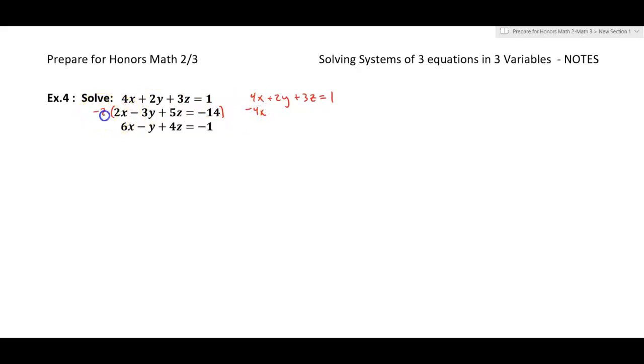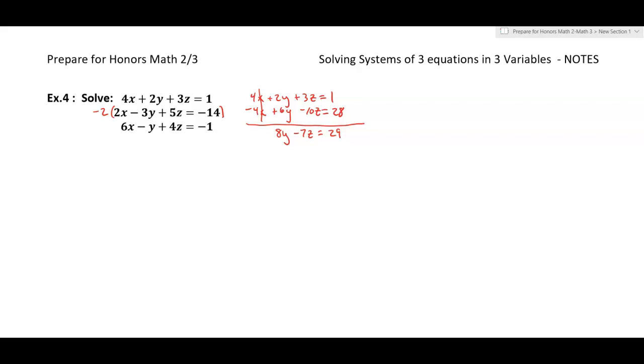So what do I have to multiply that by? Negative 2. So negative 2 times 2x is negative 4x. It's going to give you plus 6y minus 10z equals 28. Now the x's eliminate, and I get 8y minus 7z equals 29.